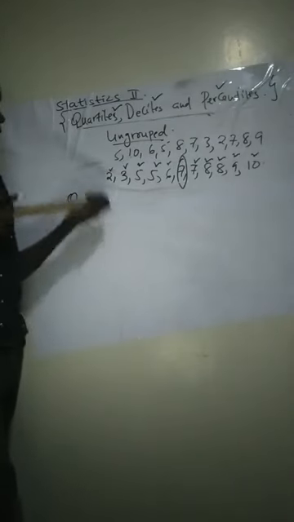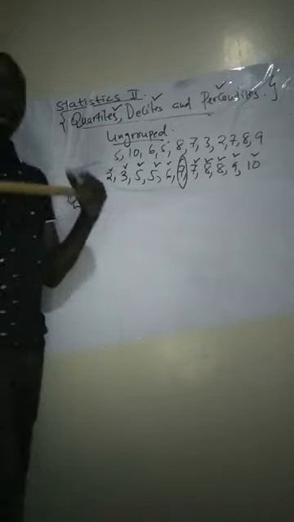Now, how do we get the lower quartile? Please remember, the lower quartile is denoted as Q1. So when I write Q1, I am talking about the lower quartile. In the case of ungrouped data, you arrange them in ascending order.